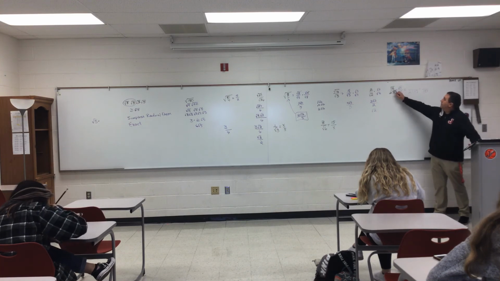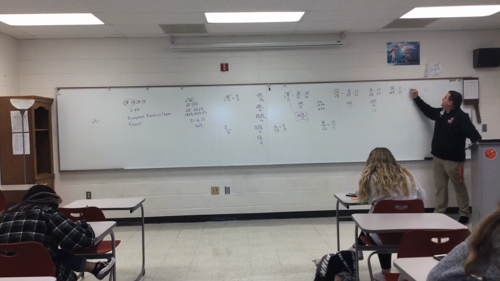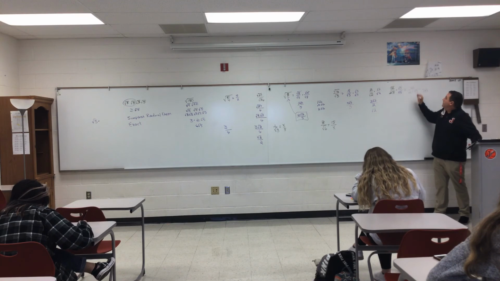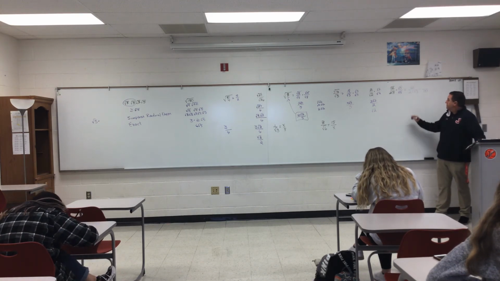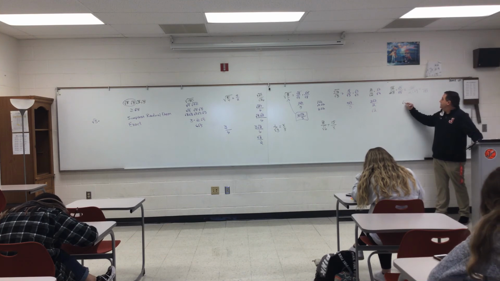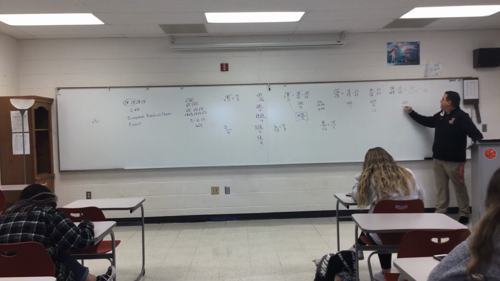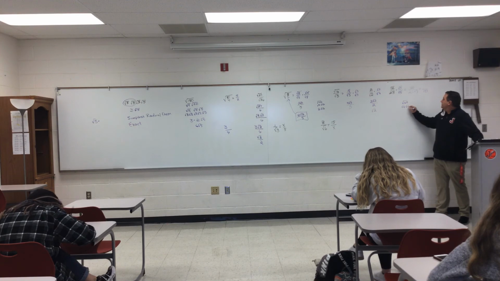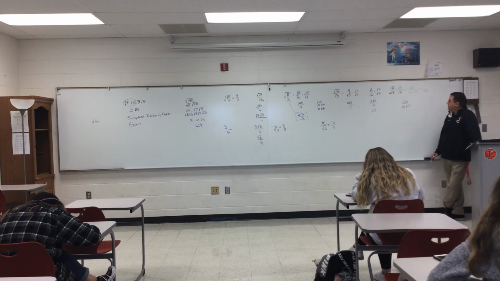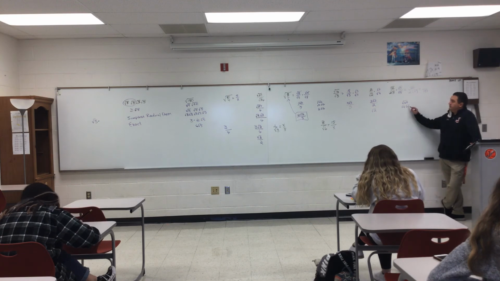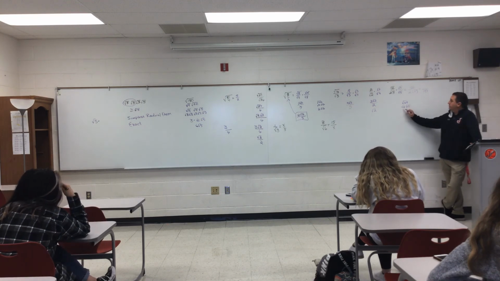On top, if I multiply the 12 and the 5, I get square root of 60, right? And then I want to try to break that down so I can make it simplified. Now in this one, if you break yours down, you should get a 2, 2, 3, and a 5.